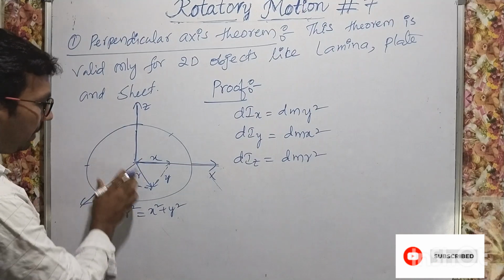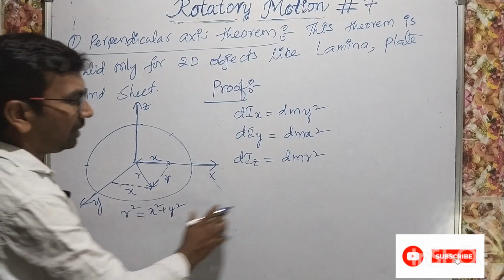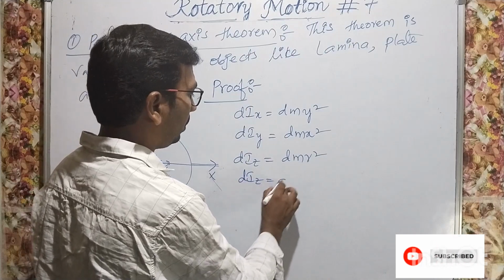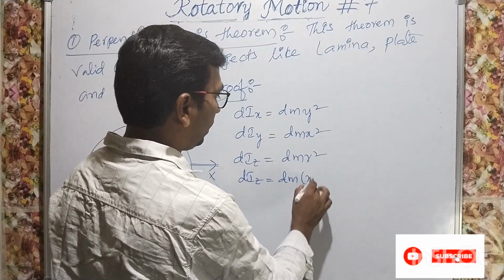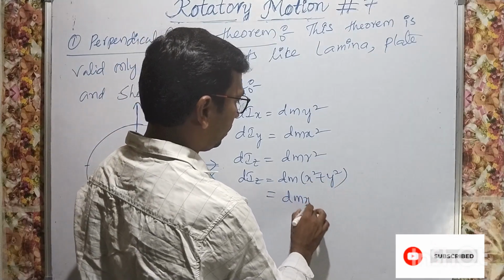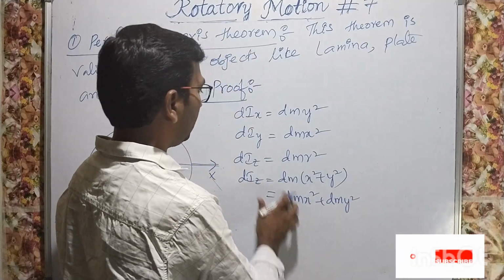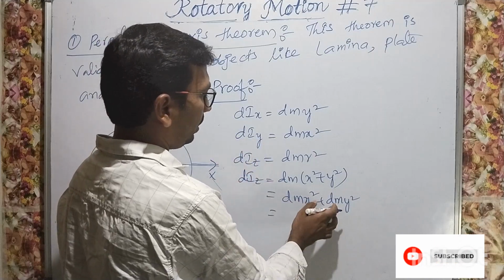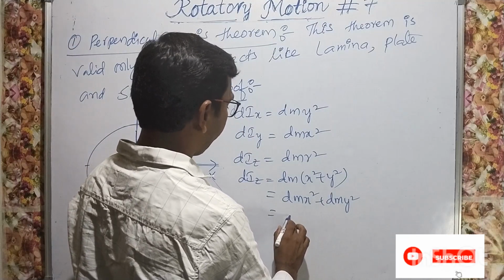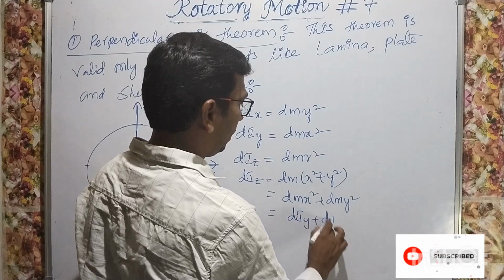Already we know r square is equal to x square plus y square, so diz is equal to dm times x square plus y square, which is dm x square plus dm y square. Dm x square is diy, dm y square is dix.